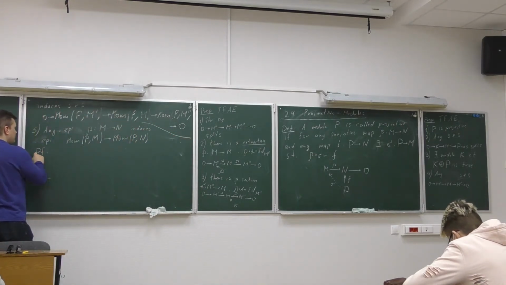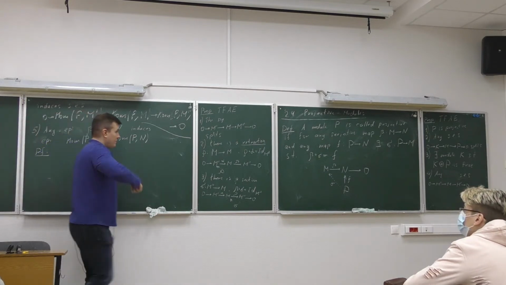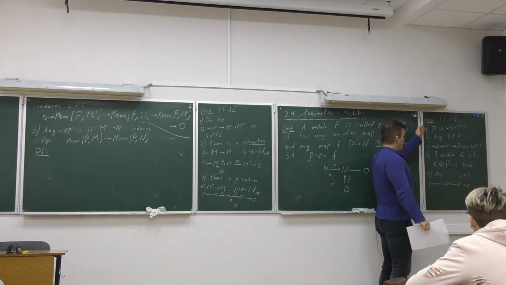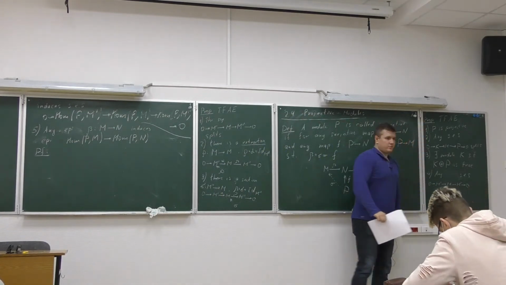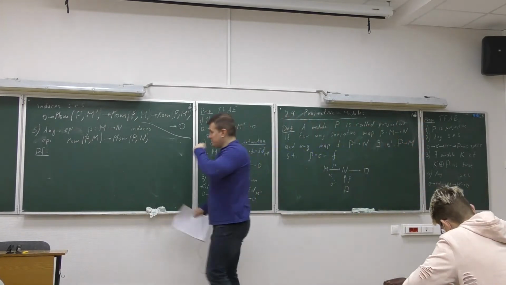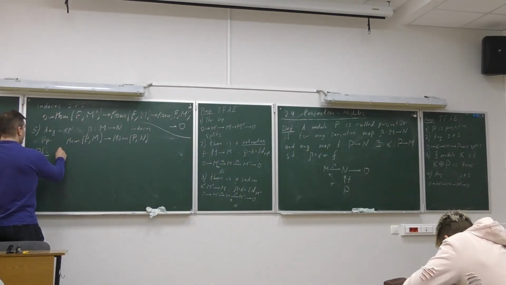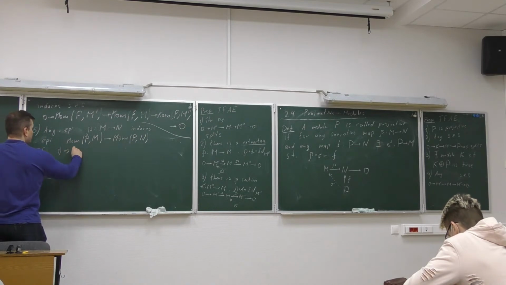Okay, so let's prove this. We're going to prove that these 5 conditions are equivalent by going in a circle from 1 to 2, 2 to 3, etc., 5 to 1. Some of the implications are more or less trivial. So let's go from 1 to 2.